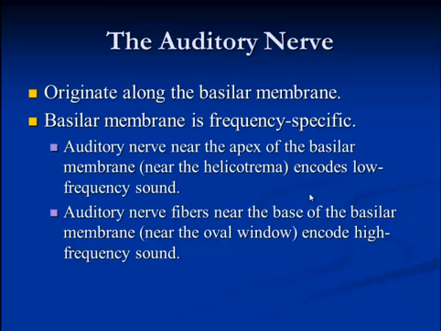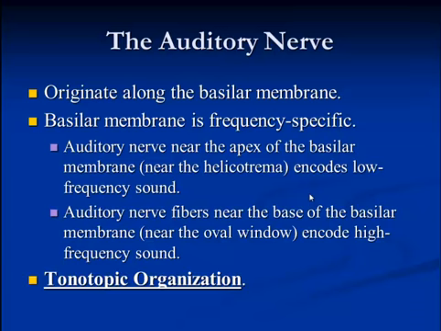The area of the basilar membrane and the auditory nerve sending signals near the oval window at the beginning are very sensitive to high frequencies because those frequencies are hitting there much sooner. High frequencies, maybe 15,000, 18,000, those are the highest frequencies that humans can really hear. The younger you are, the higher the frequency you're able to hear. As you get older, you start losing your higher frequencies. So that is the tonotopic nature of the auditory nerve.